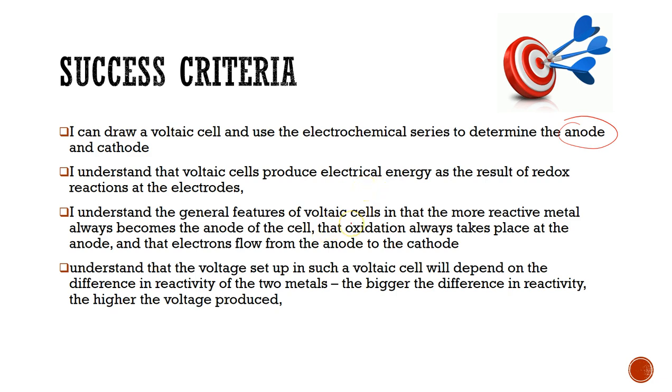The general features, so have all those definitions written down for your electrodes, electrolytes, salt bridge, and understanding that the voltage set up in a voltaic cell will depend on the difference in the reactivity of two metals. So for SL, that's just knowing that the further they are apart on the electrochemical series, the greater the voltage that they will produce. Okay, so that's it. And remember, we will make sure we practice some of these cells.